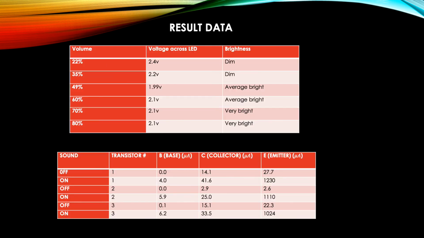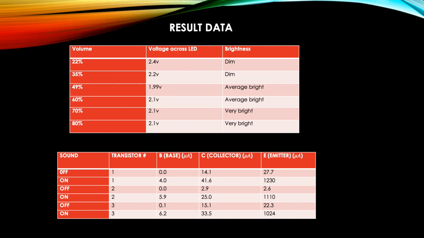So here is the result in table 1. We have the voltages across the LED and the brightness of the LED for multiple volumes. And in table 2 we have the current going through the transistor channels when the sound is off and when the sound is on.